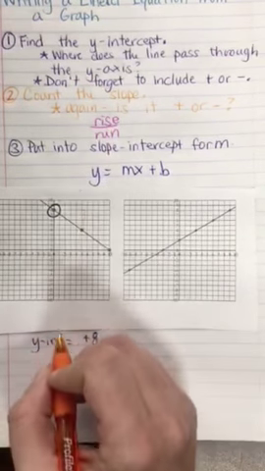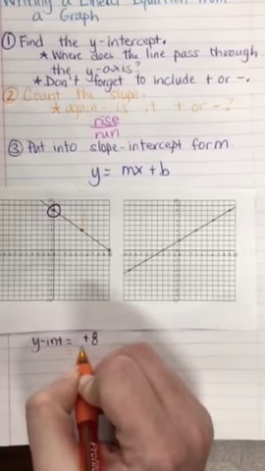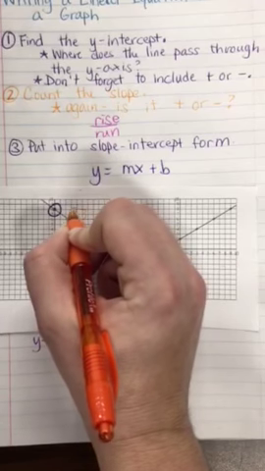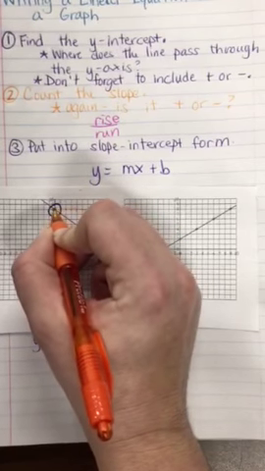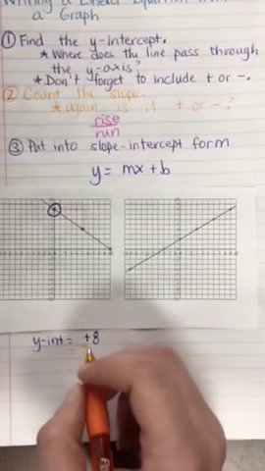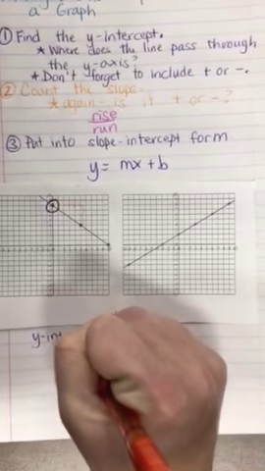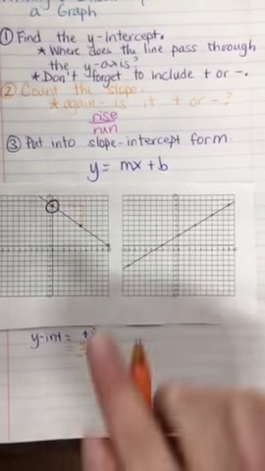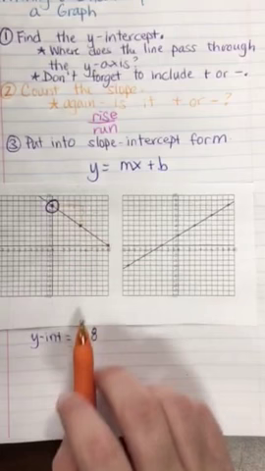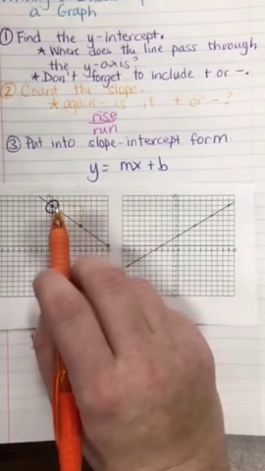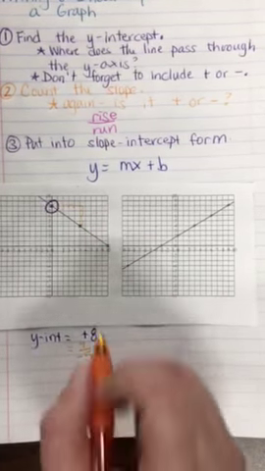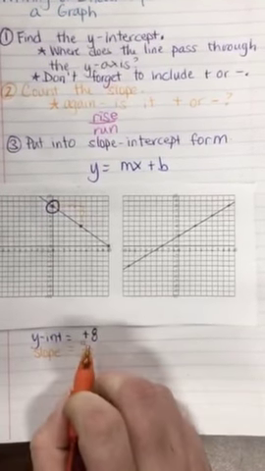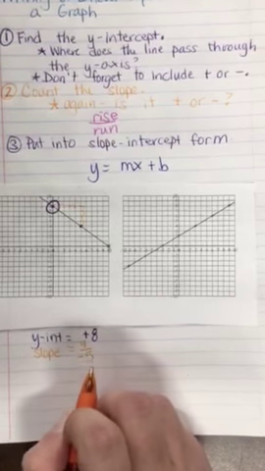So my rise is 4. And then I'm going to go to the left, 1, 2, 3, 4, 5. So my run is 5. But since I went to the left, remember it's going to be a negative 5. I went up, which is a positive direction, 4. And then I went to the left, which is a negative direction, 5. So my slope is negative 4/5 because one of my numbers here is negative.